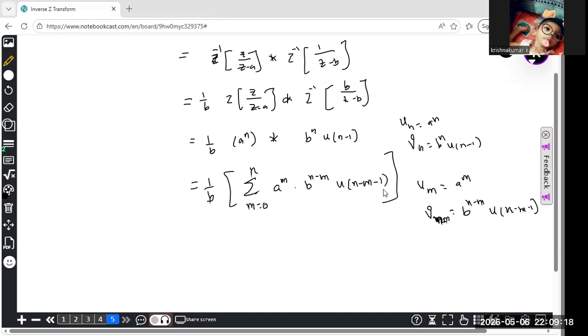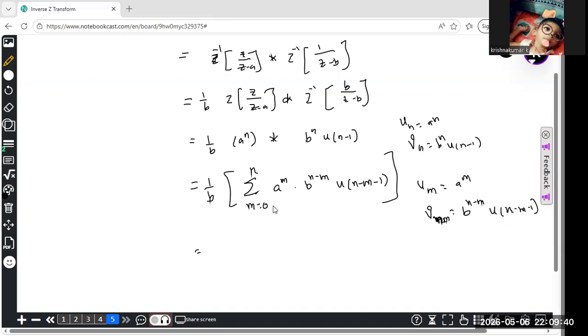So this is equal to, here b power n you can take it out, because here m is only varying from 0 to n. So b power n is a constant term.